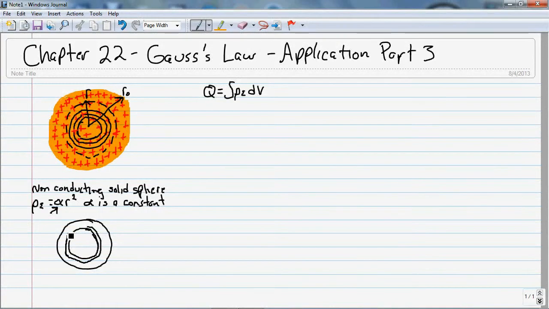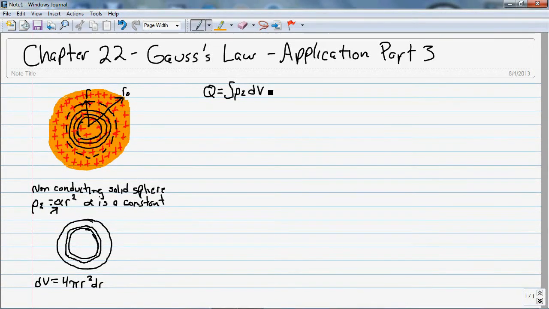And we did a similar problem already. This surface is going to be the surface of a sphere, which is 4 pi r squared times dr. That gives me my differential volume, equal to the surface area of a sphere times a little bit more of the radius, differential r.